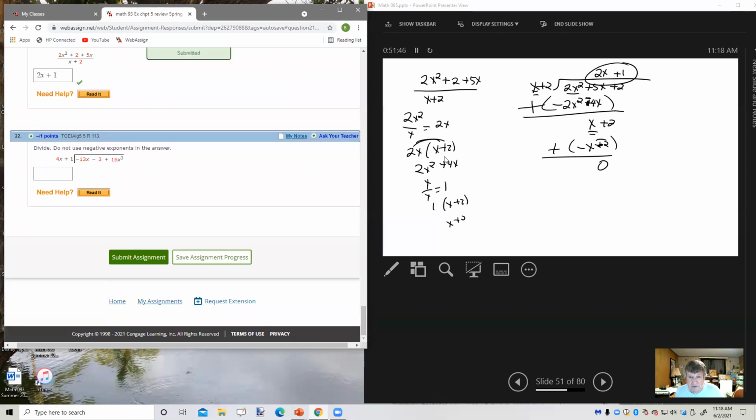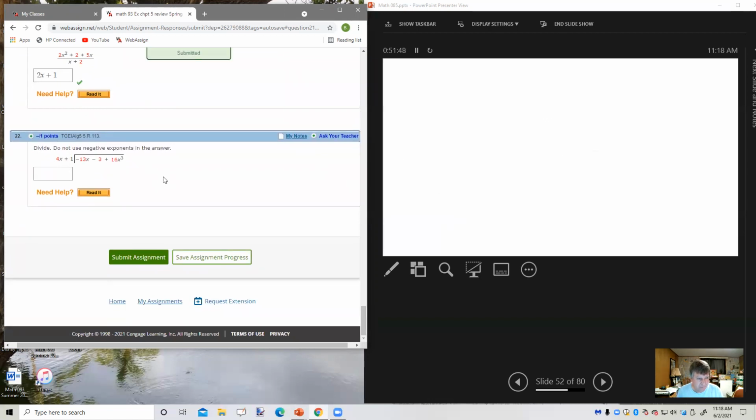And finally, let's take a look at this one. We've got 4x plus 1 outside and negative 13x minus 3 plus 16x cubed inside. So outside, we're going to have 4x plus 1.